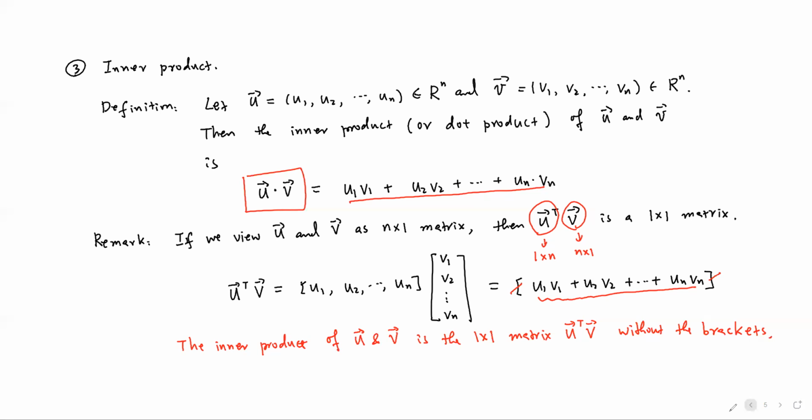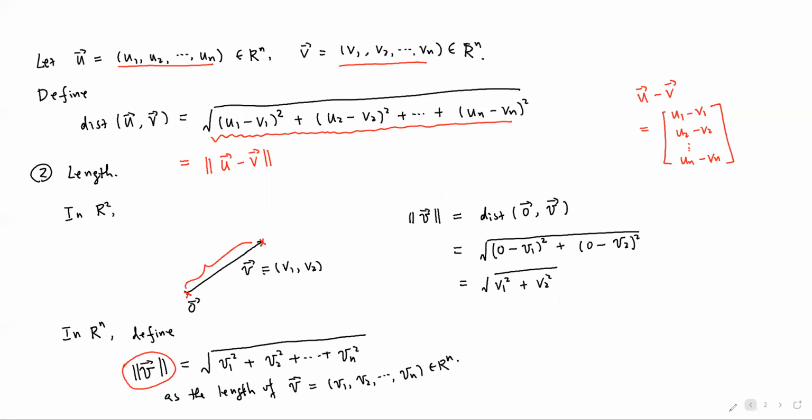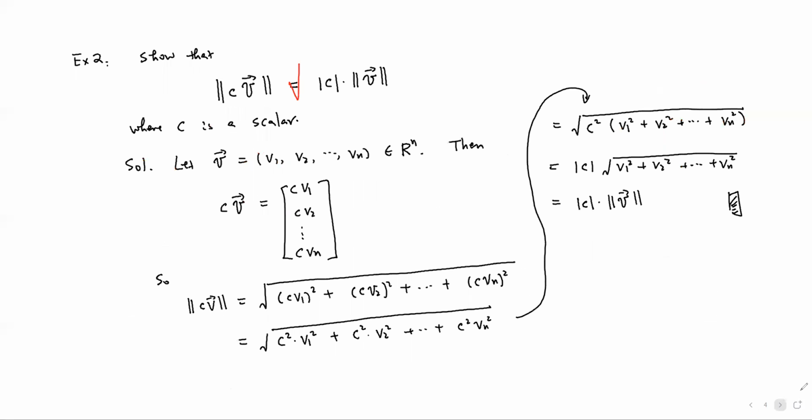Go back. Okay, the length formula. Here, the length of a vector, the formula is this: the square root of v1 squared plus v2 squared plus up to vn squared.